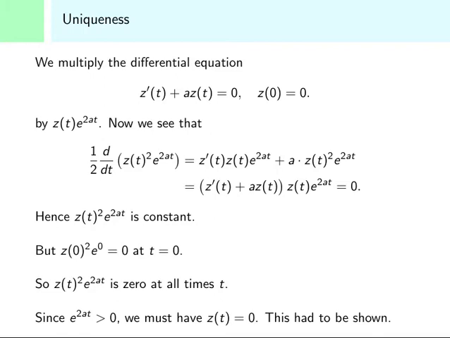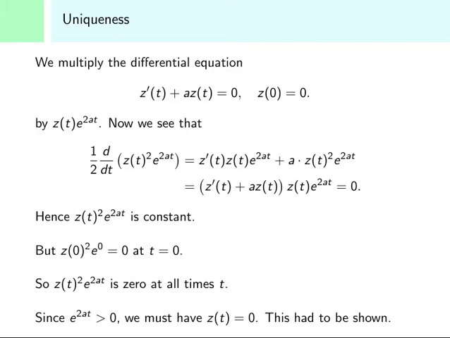And now we see that we can factor out z of t times exponential 2at. And that gives us z prime of t plus a z of t multiplied with z of t times exponential 2at.